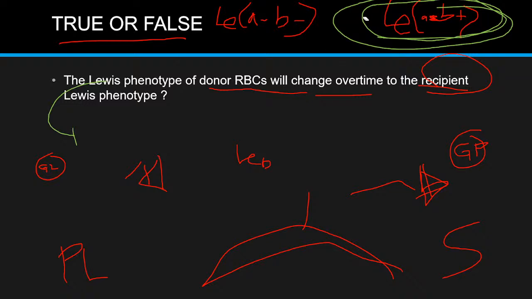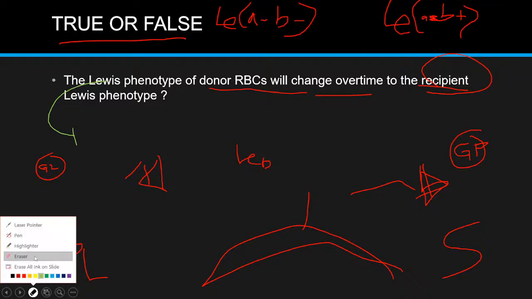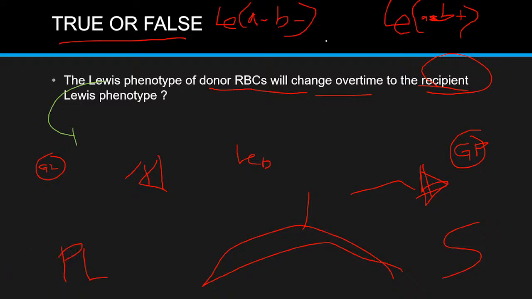This time, magiging donor natin is positive naman siya ngayon. Ito naman, ganito lang siya. Alright? Ganyan lang siya. Now, paano mangyayari na magiging negative yung donor natin?